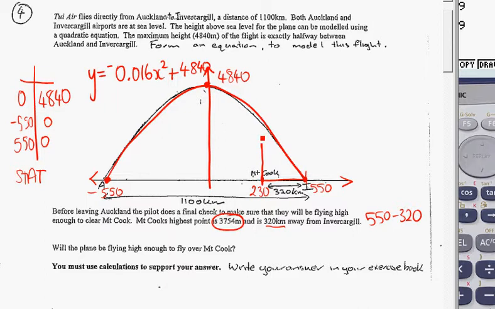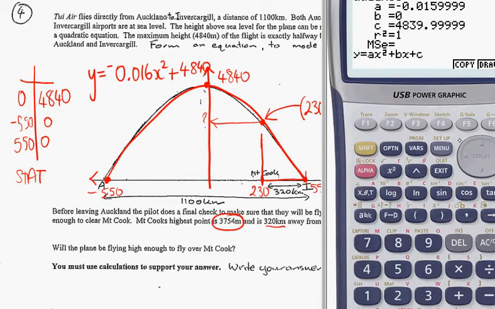below the curve. So what we really want to find out is how high, or exactly where the plane is when x equals 230. So if x is 230, what's the height, the y value of my plane? There's lots of ways we can do that.